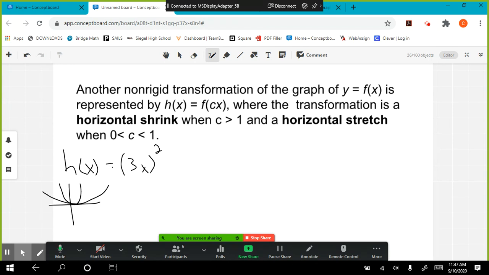It's weird with a parabola because the horizontal and vertical sort of overlap each other. And then if I multiply by something less than 1, greater than 0, if I say 1/2 x squared, that is where it's going to fatten out. I'm going to stretch out the x-axis. Okay?